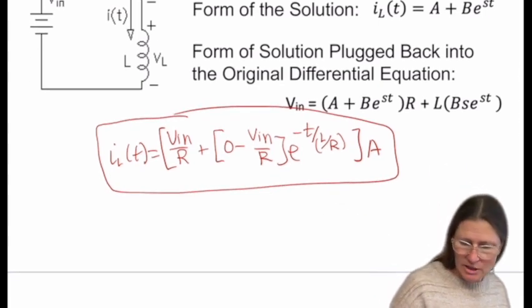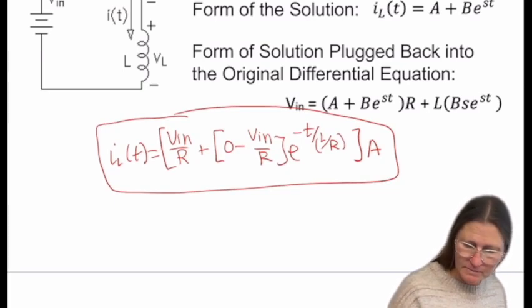And then VL of t would be the differentiation of this.